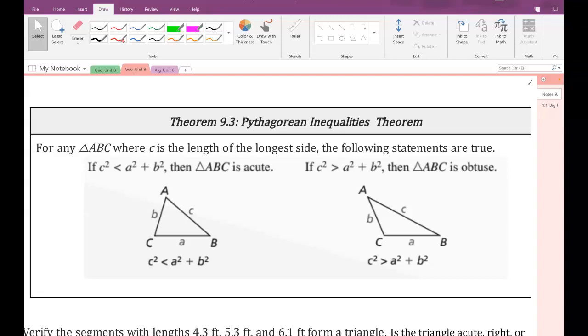If C squared is greater than A squared plus B squared, then your triangle is an obtuse triangle. So I just try to associate when I'm doing this: think acute, your symbol goes this way. Obtuse, your symbol goes the other way.